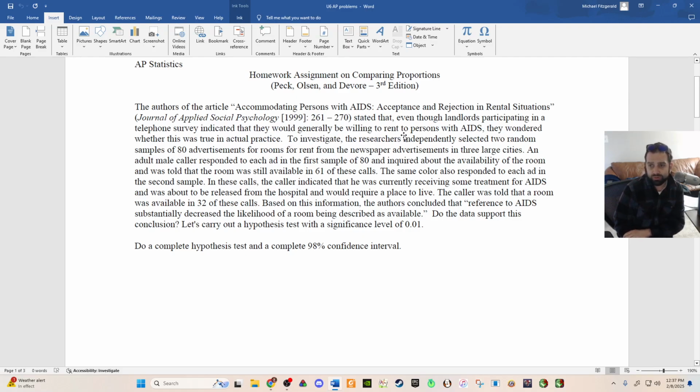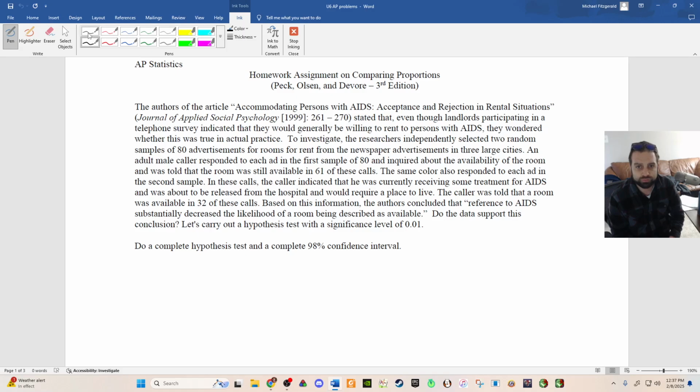To investigate, the researchers independently selected random samples of 80 advertisements for rooms for rent from newspaper advertisements in 3 large cities.